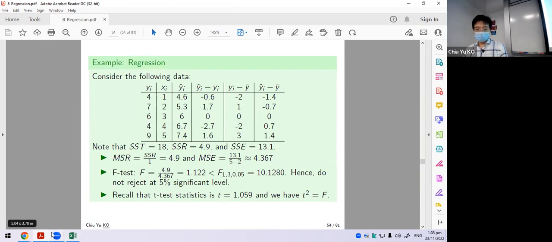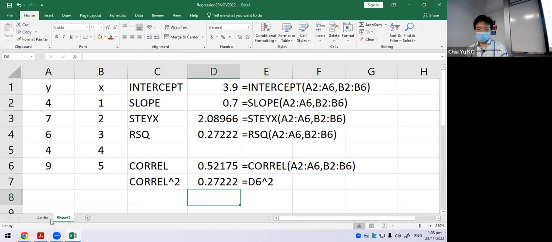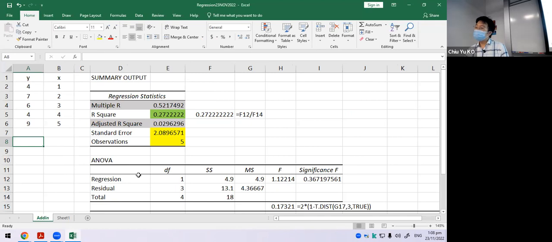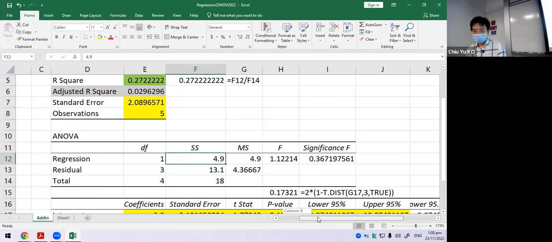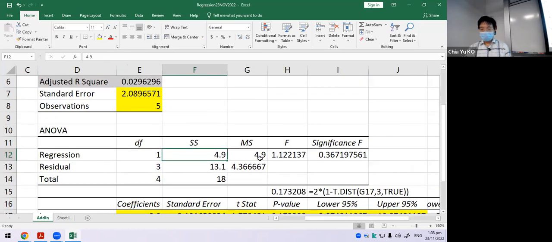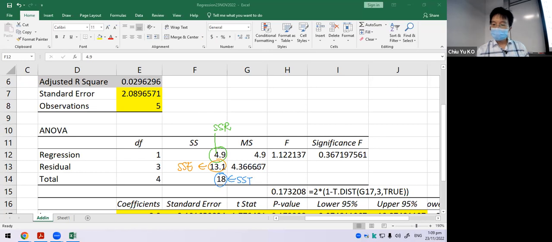I guess it's best to go back to Excel and show you the result. And here you can see, let me enlarge it. Here we have this entry is SSR, and this entry is SSE, and this entry is SST.